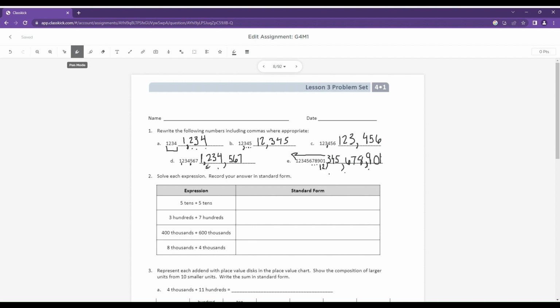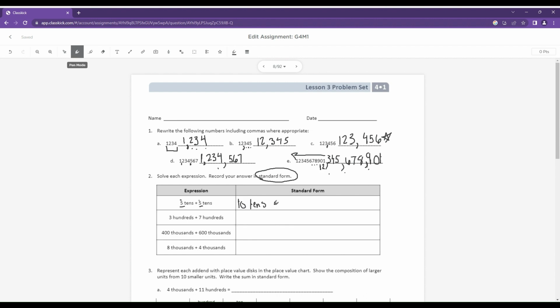Number 2 says solve each expression. Record your answer in standard form. So just the normal way that we would read numbers, like a number like that, that's in standard form. So we have 5 tens plus 5 tens. So I'm just going to put this 5 and that 5 together to make 10 tens.